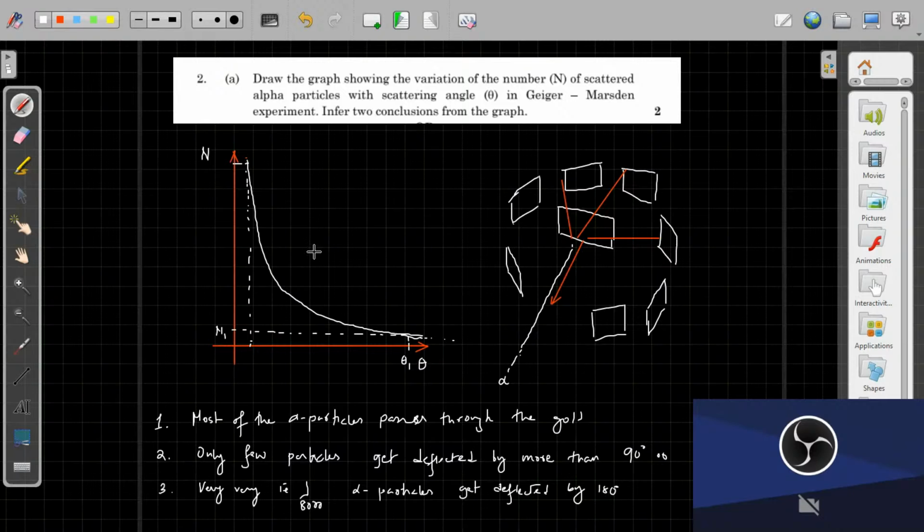This is what this question has asked you. I have given you 3 references here, 3 observations. That's it. So this is again for 2 marks.